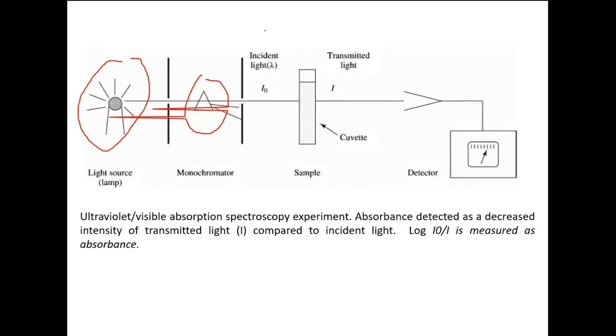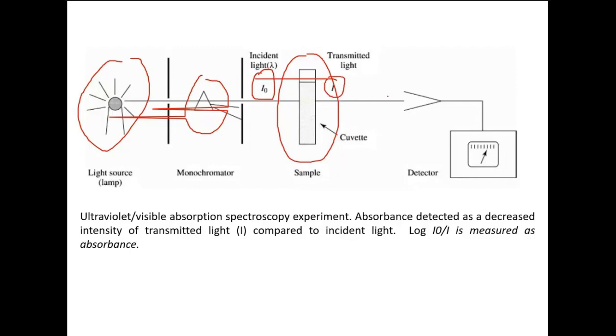Once the light passes through the second slit, it impinges on the sample holder, called the cuvette holder. The light incident on your sample is represented as I naught. The light transmitted out of the cuvette is represented as I.